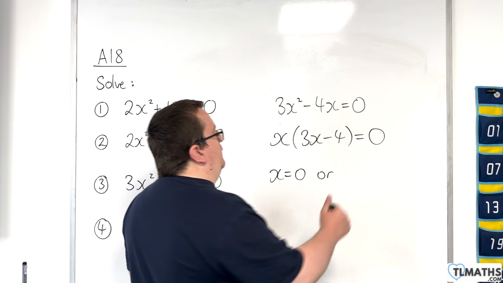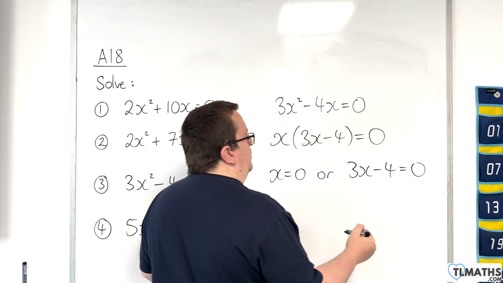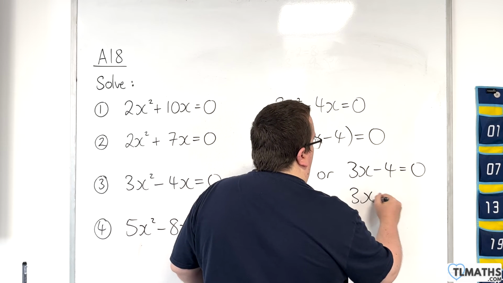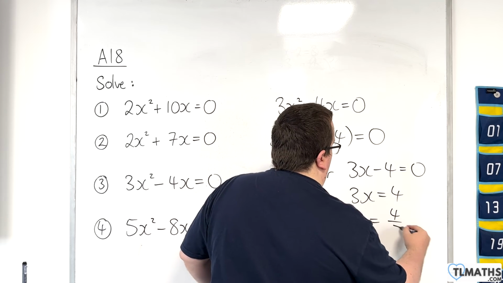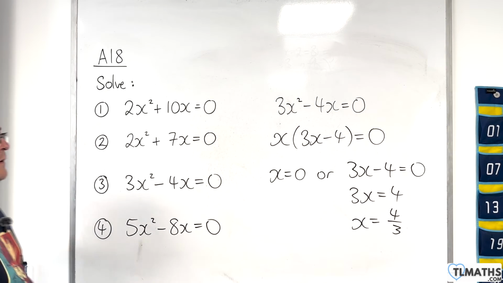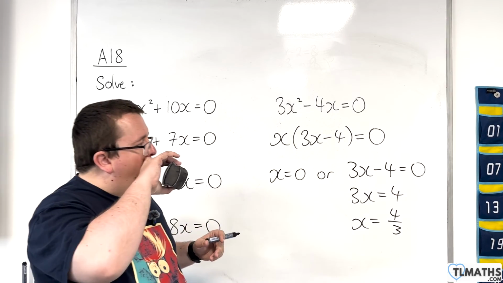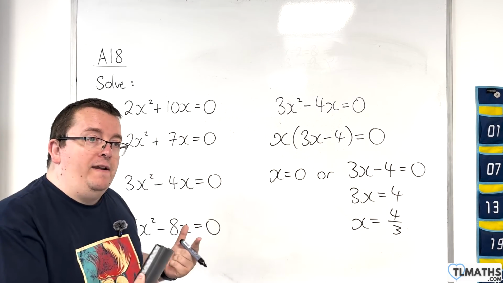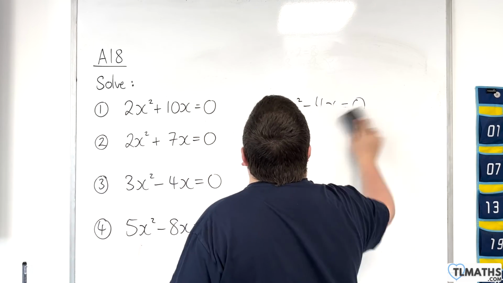Okay? If you're not confident about that, put the 3x take away 4 equal to 0, add the 4 to both sides, divide through by 3. Okay? If you're a bit rusty about that, you will get faster at it. The more you practice, the quicker you'll get.